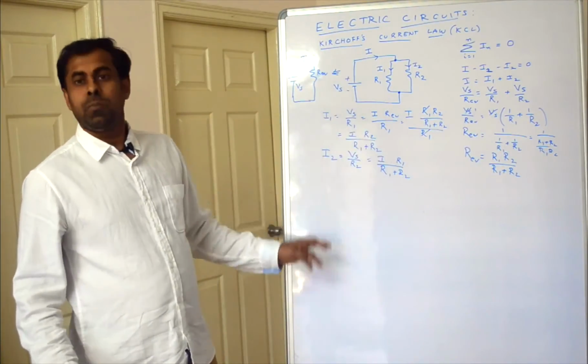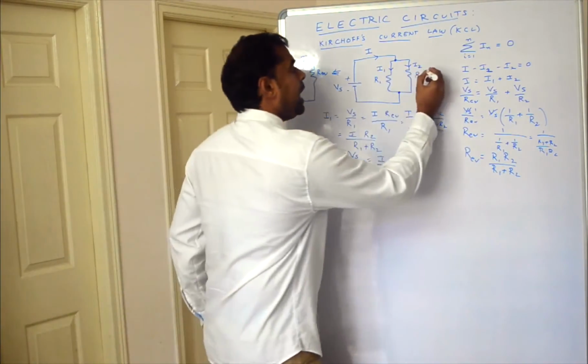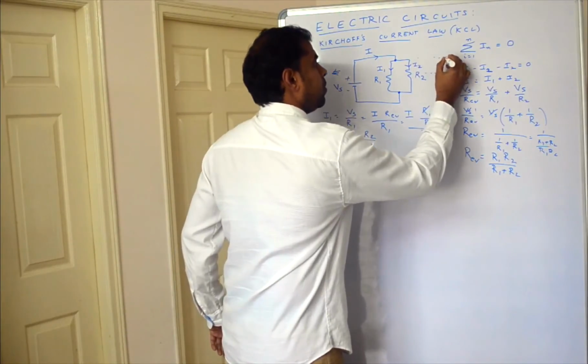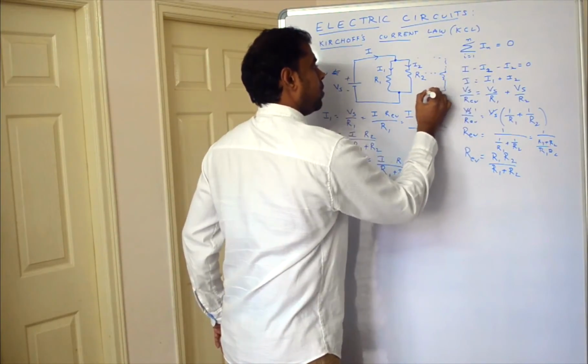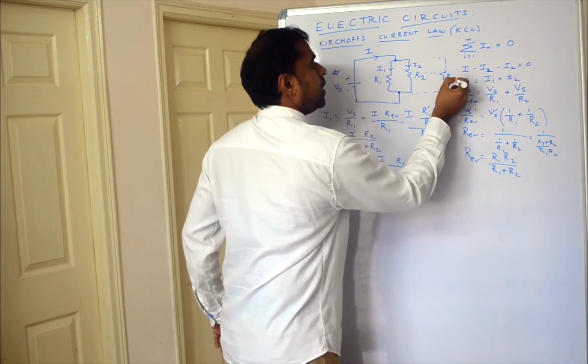Let us extrapolate this to suppose n elements are connected. This is Rn.